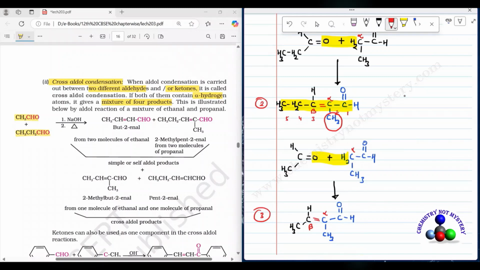So the name of this molecule will be 2-methyl. Now write the name of the parent. As it contains 5 carbons, the parent will be pent. Double bond starts from the second carbon. So here you will write 2-en. As it contains the aldehyde functional group, we will write al. So 2-methylpent-2-enal.